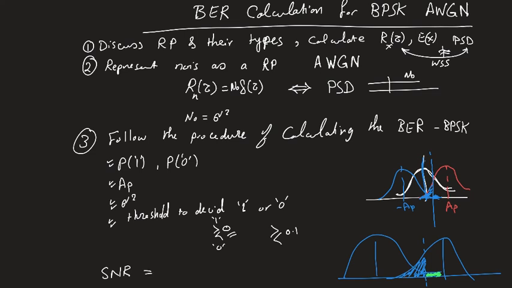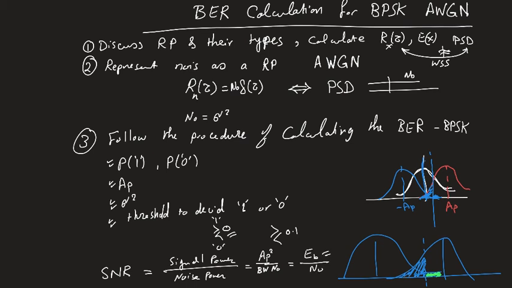And the signal to noise ratio is signal power, okay, divided by noise power, okay, which is equal to AP square divided by bandwidth multiplied by N naught, and then this is also equal to the energy per bit of the signal divided by N naught.